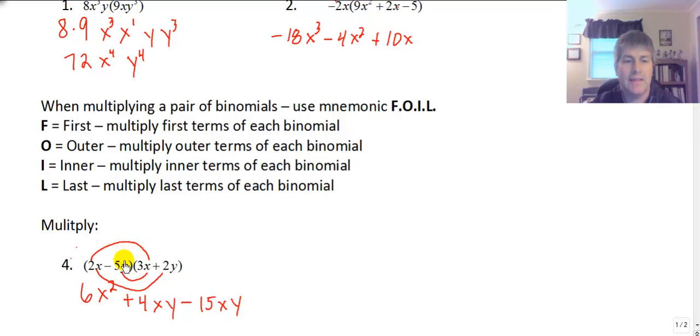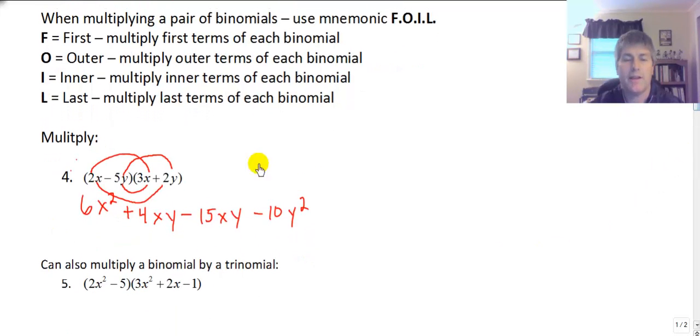And then finally the last terms, 5y times 2y, and we get a negative 10y squared. And then we combine our like terms here. So we end up with 6x squared minus 11xy minus 10y squared.